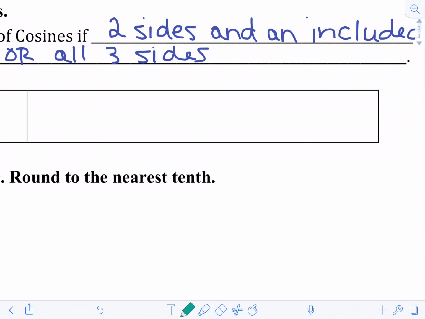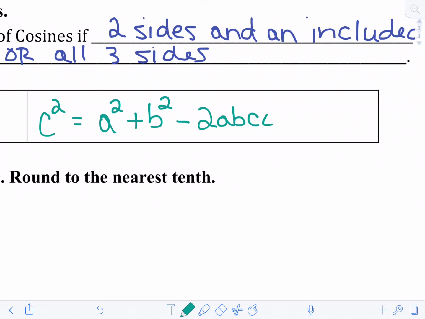So law of cosines: c squared is equal to a squared plus b squared minus 2ab cosine of angle C. And you can change these out. So if you're trying to solve for a, little a, then you would have a squared equals b squared plus c squared minus 2bc cosine of A. So you just switch out the letters, and we'll get into that in the examples.